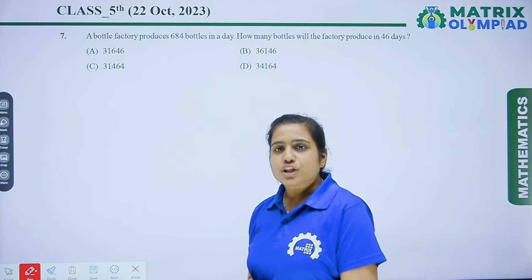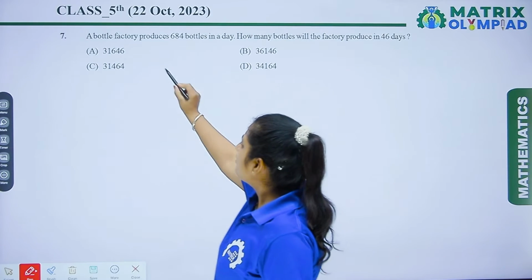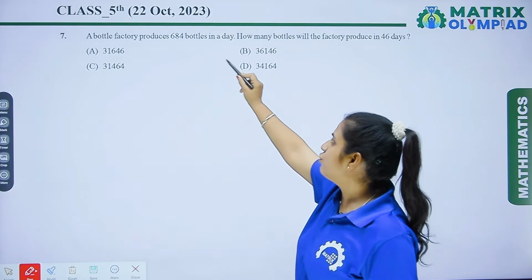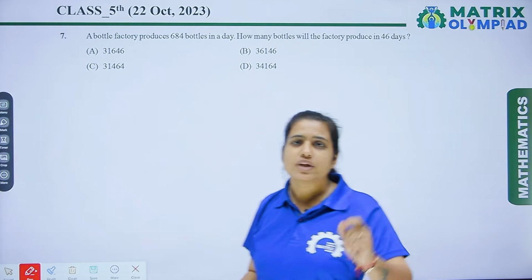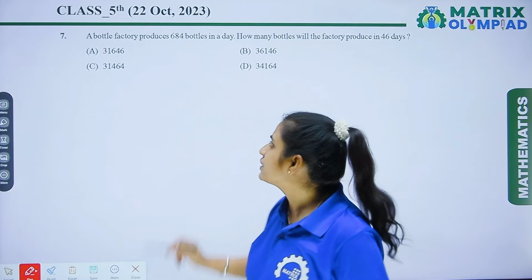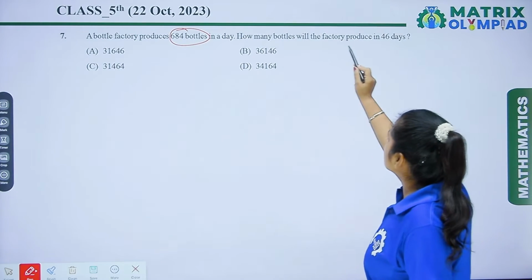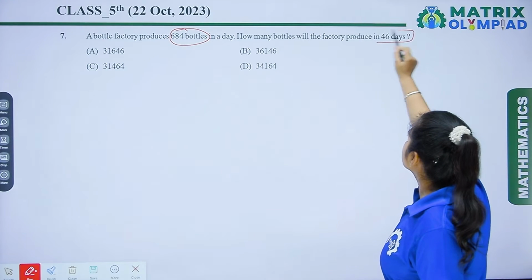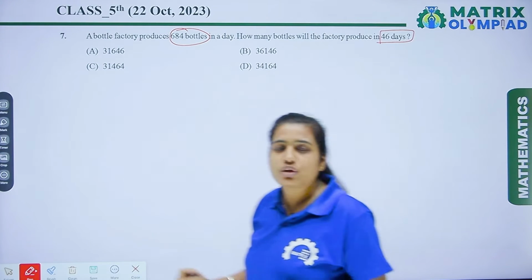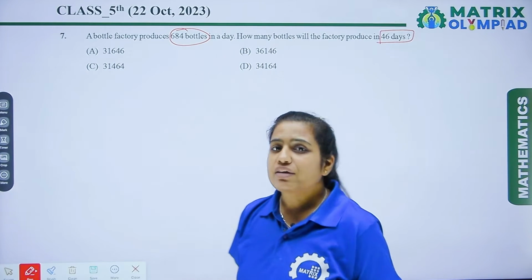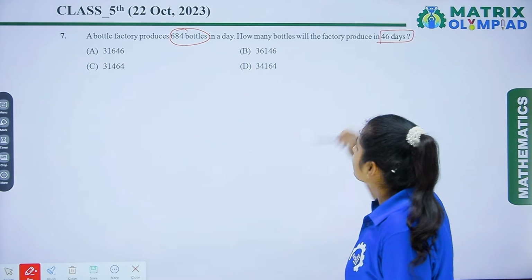Now the next question is question number 7. A bottle factory produces 684 bottles in a day. In a single day, a factory produces 684 bottles. How many bottles will the factory produce in 46 days? So we have to find out how many bottles a factory produces in 46 days.